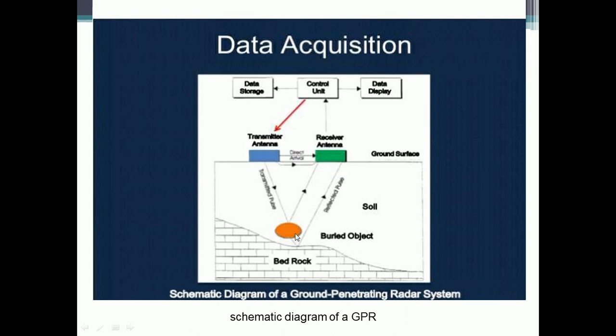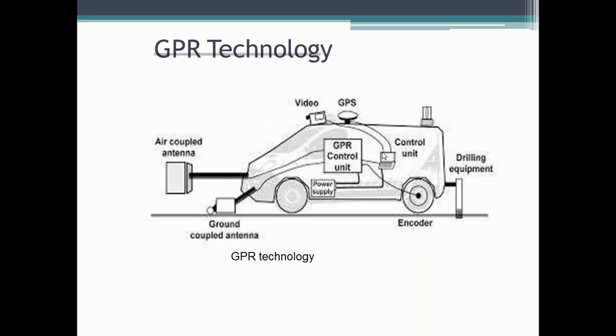The time of the reflected waves is considered, and there is a data display unit, control unit and storage unit. The entire data is stored and the display unit will show us the cross-sectional properties of the ground surface. It may be pavement or geological features, based on the requirement.